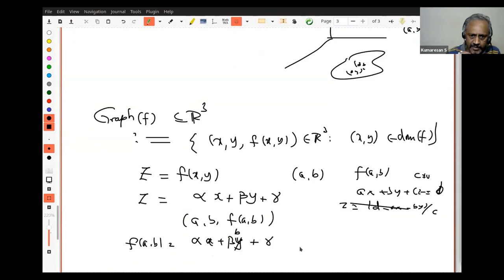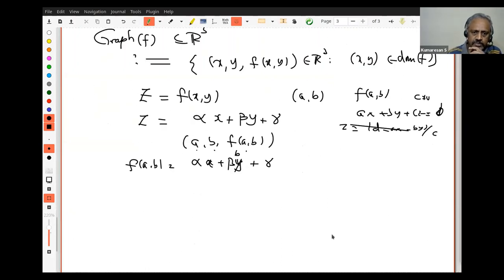Are you following me? This is your x, y and z. So this tells me what γ should be. γ should be f(a, b) − αa − βb.